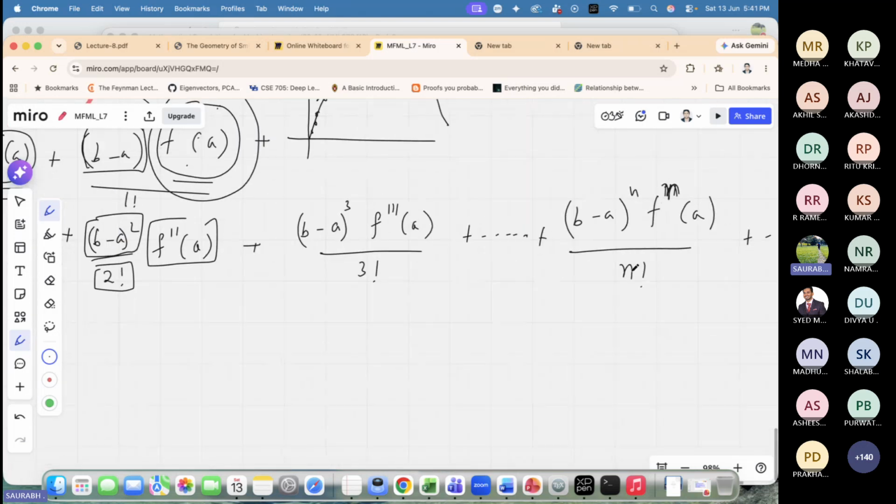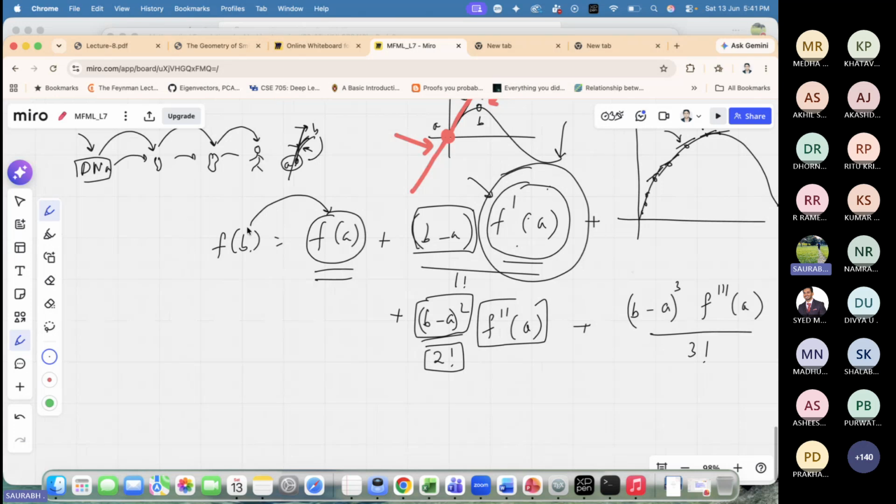So what it says is, to approximate a function at a new point b, you start with a simple approximation: the value of the function at a. If the point b is here, you can easily approximate. But if the point b is here, you can approximate using f(a) plus how the rate changes.